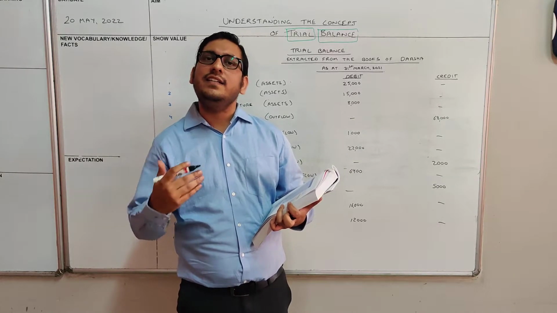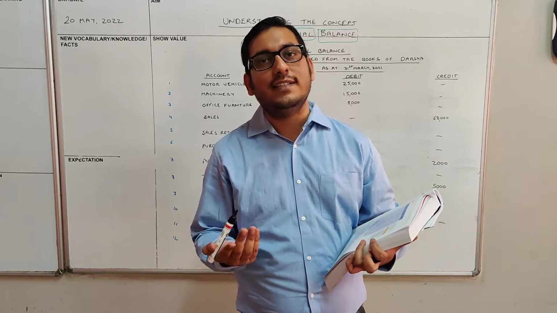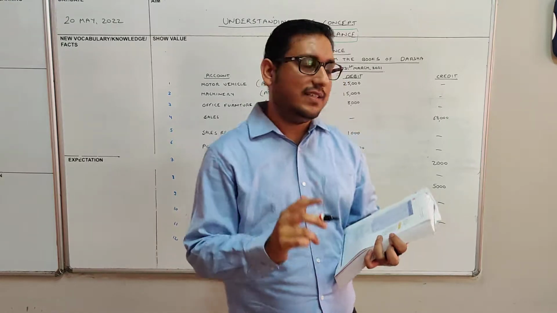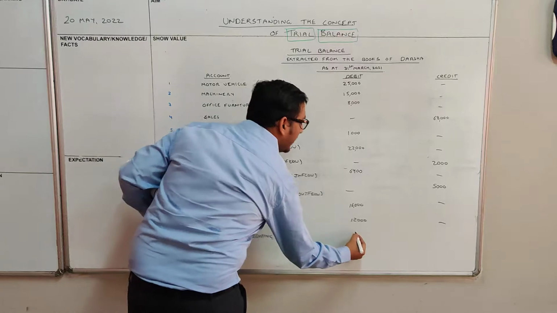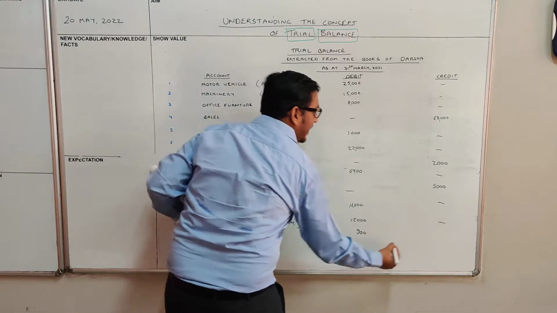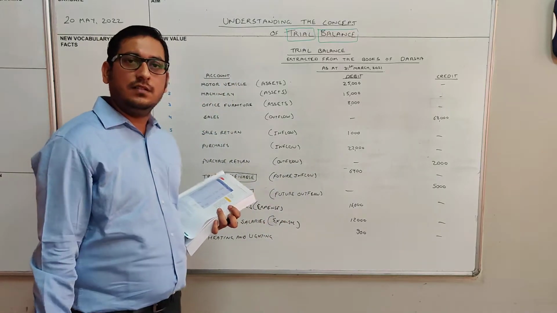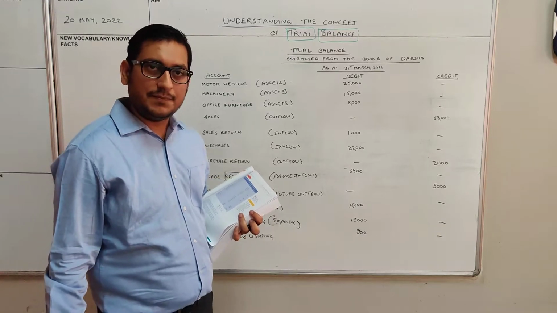So heating and lighting is also a business expenditure, and all expenses have a debit balance. The balance is 900, so we will write heating and lighting on the debit side. Students, do you understand the concept?